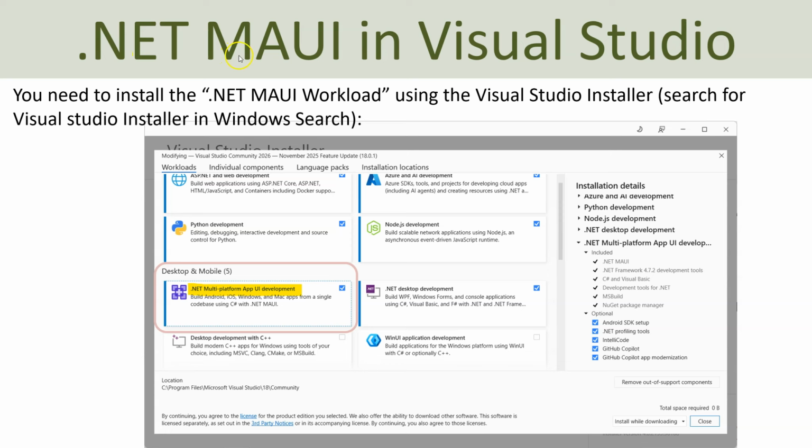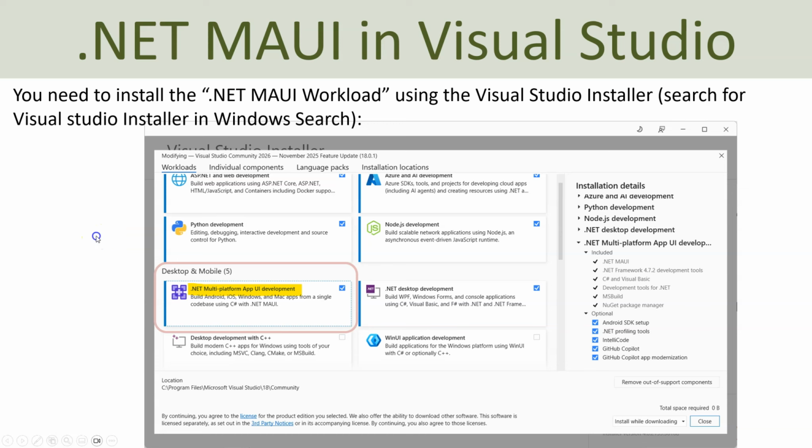You use this .NET MAUI framework to create apps for your smartphones, either it's Android, an iPhone, etc. In order to start working with .NET MAUI, make sure that you have installed this .NET MAUI workload. So basically go to the search menu in Windows, search for Visual Studio Installer, and see if this workload is installed or not.